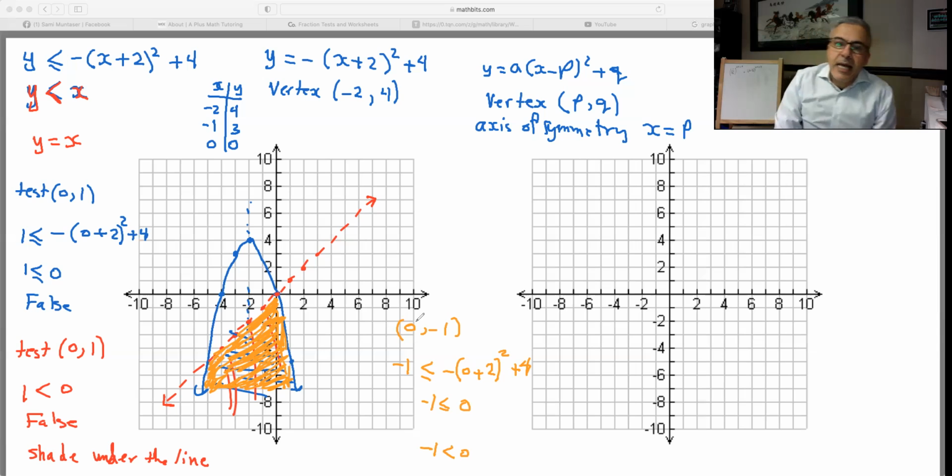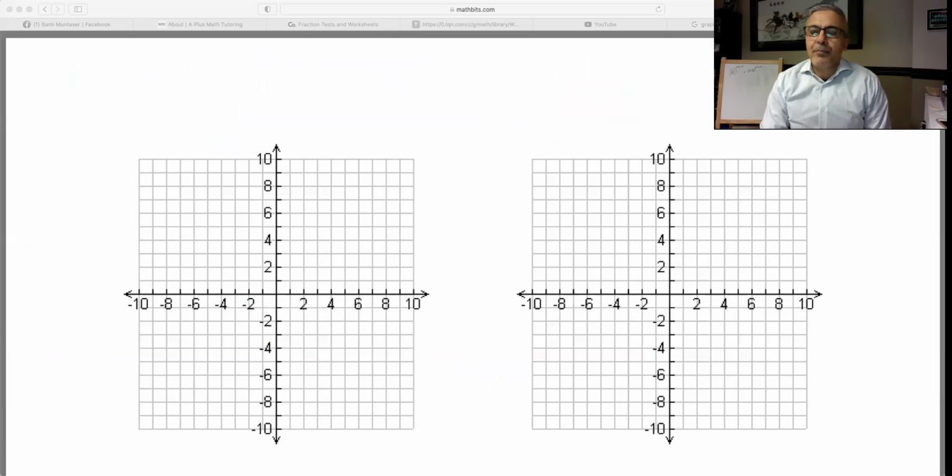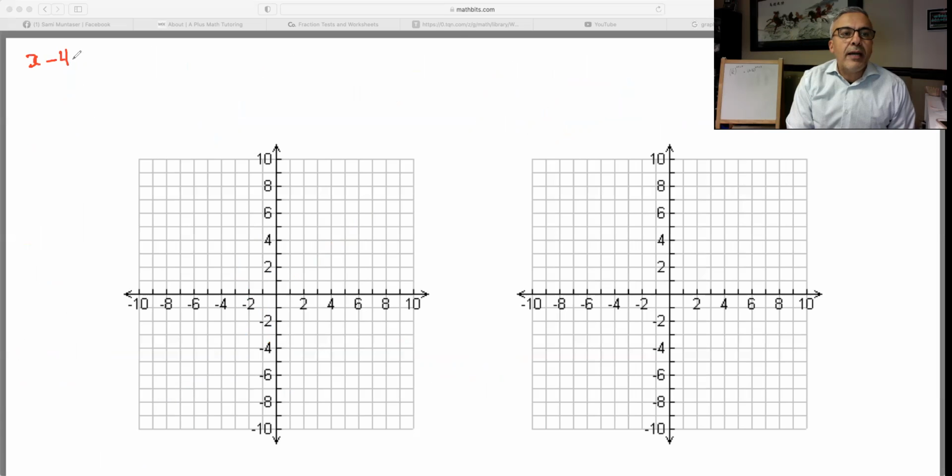We're going to take another example where we're going to graph a parabola and a line again. This parabola is not in vertex form, it's in factored form. So the next question is x minus 4y is less than or equal to 4.